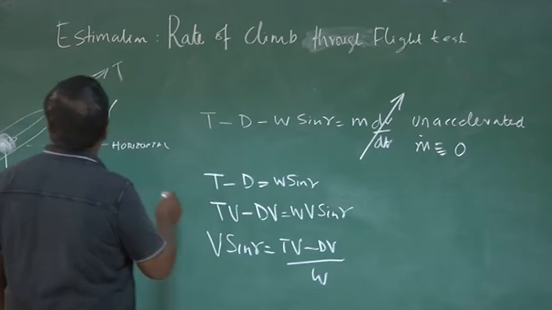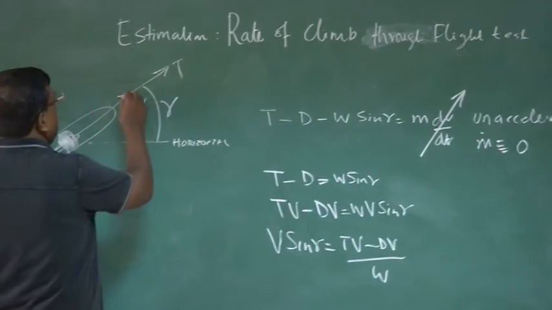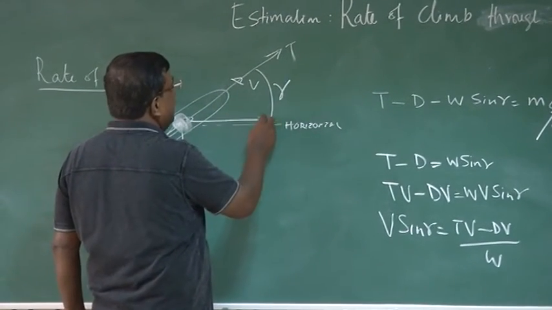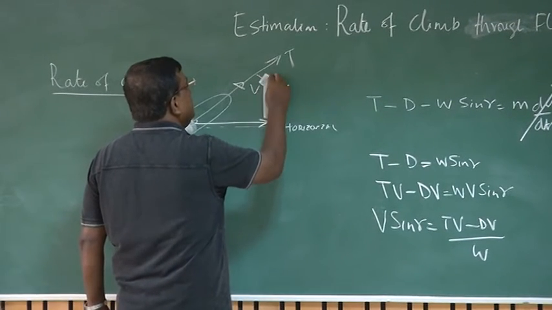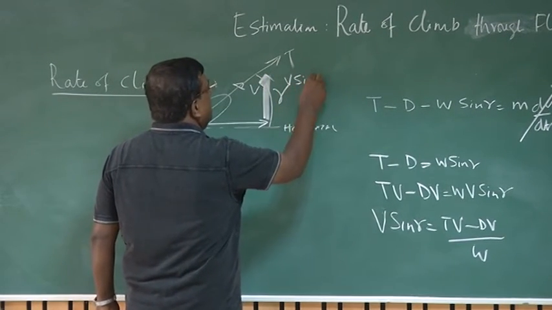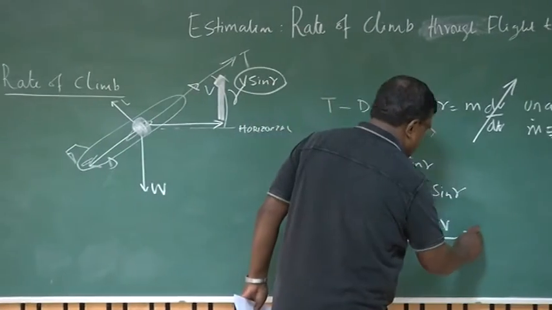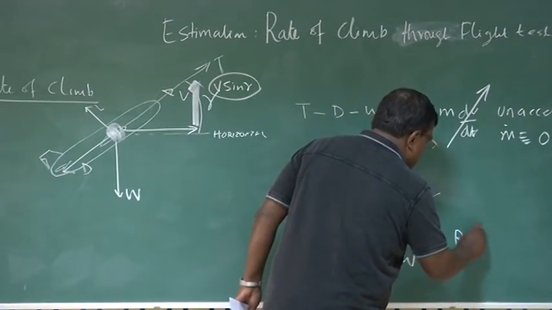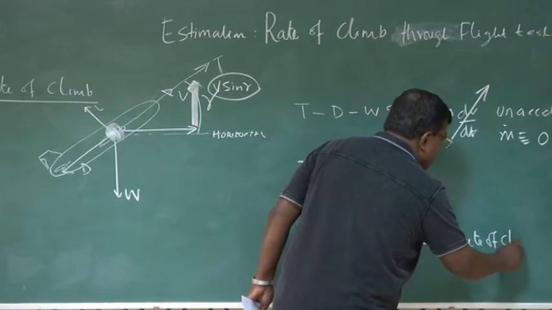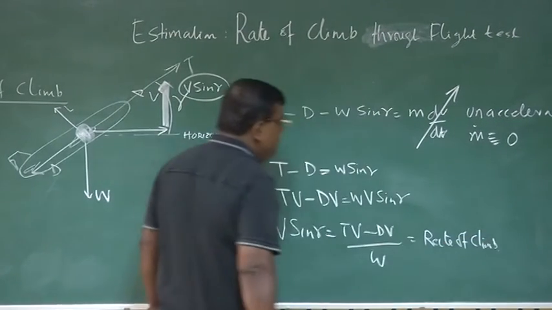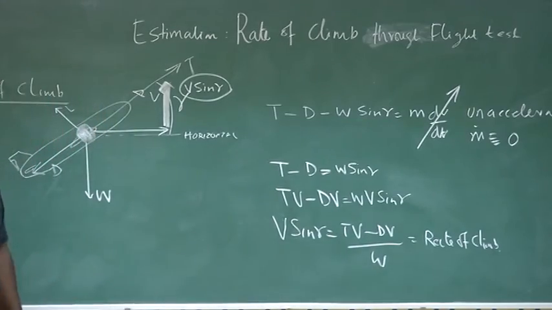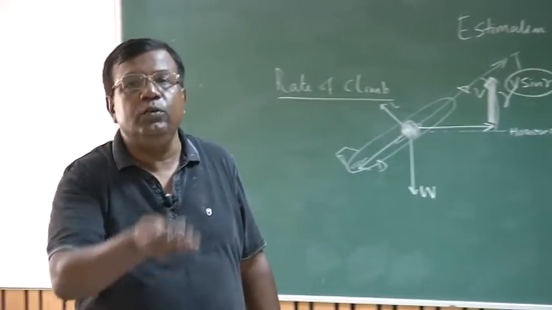And what is V sine gamma? If I resolve V, one is V cos gamma, and this is V sine gamma, and that is nothing but the rate of climb, right? Which is how the altitude is changing per unit time.